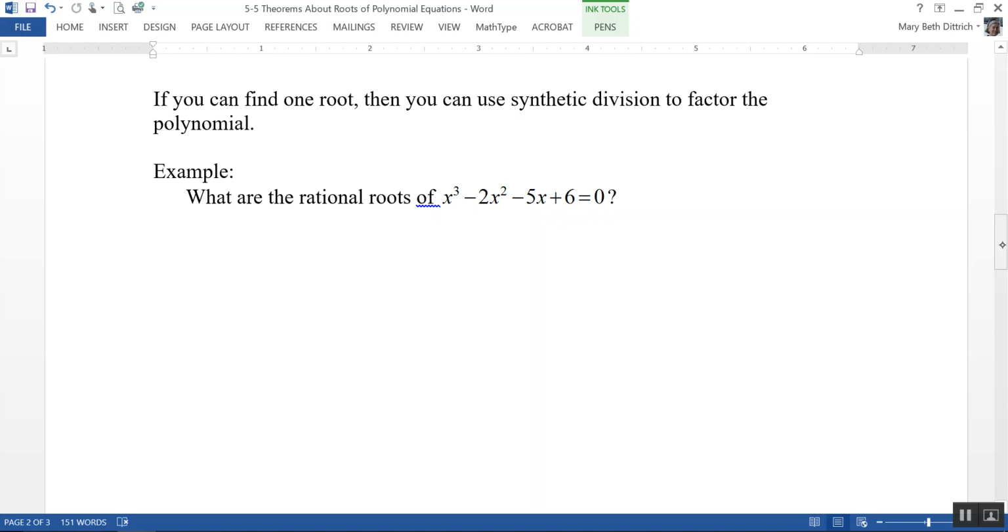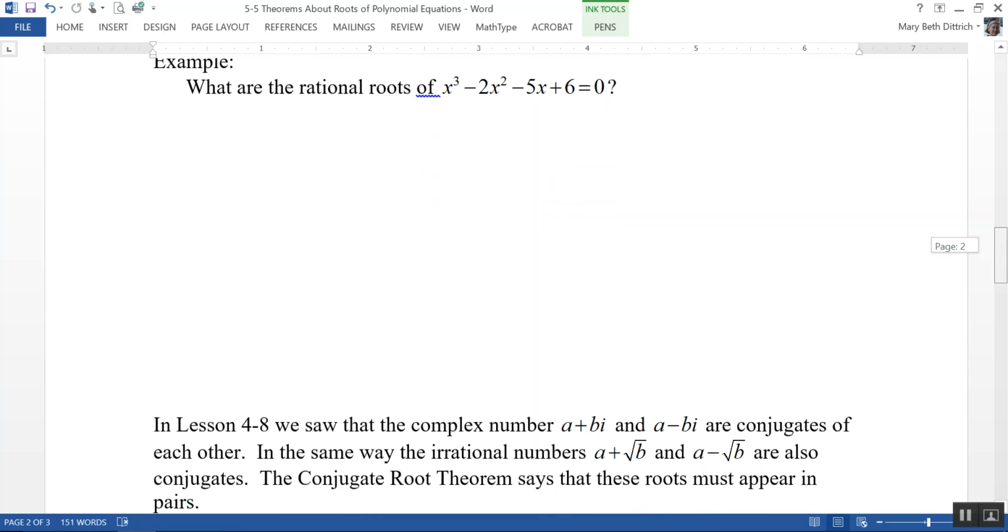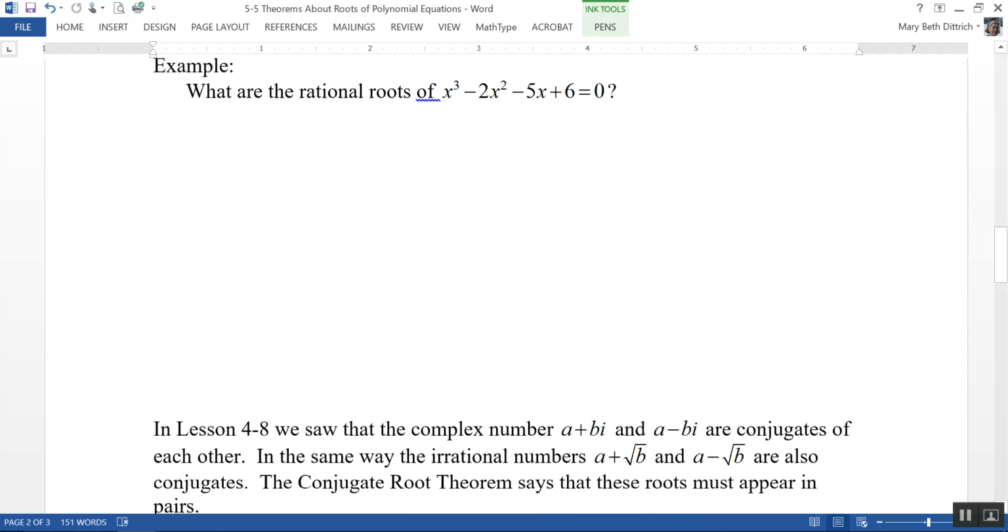So here's an example. What are the rational roots of x cubed minus 2x squared minus 5x plus 6 equals 0? So all of my possible rational roots are going to be the factors of 6 divided by the factors of 1. Factors of 1 are just 1 and negative 1.